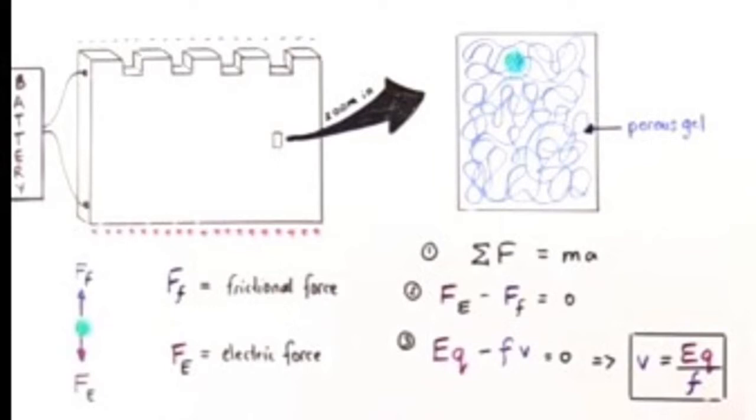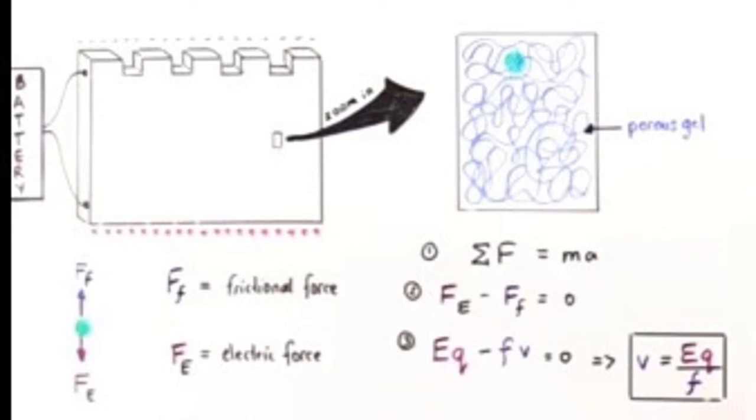Number one, the electric field. This is our electric field we're talking about. Number two, the charge of the molecule. Remember we talked about the charge that is being applied. And the coefficient of friction. So the friction that is being produced when this porous gel is opposing the movement of this protein will affect the velocity.